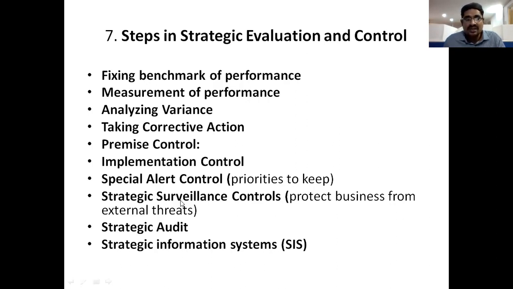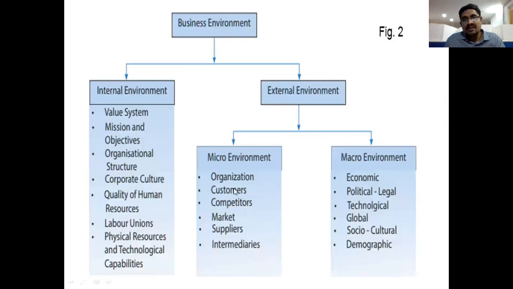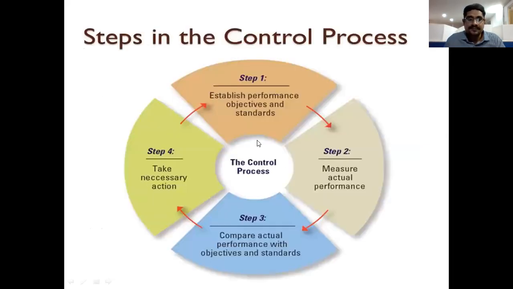Next point is strategic surveillance control. Surveillance means here, protect the business from external threats. External threats means external problems. These external problems come from external environmental factors. So micro and macro, these are the external factors.